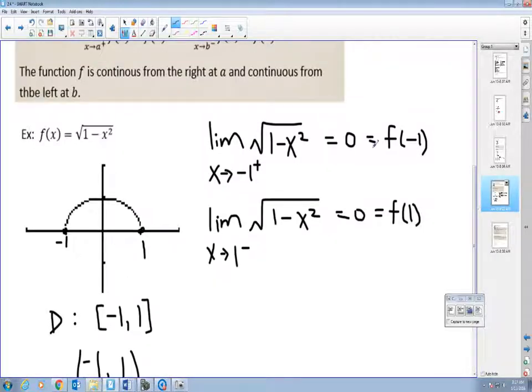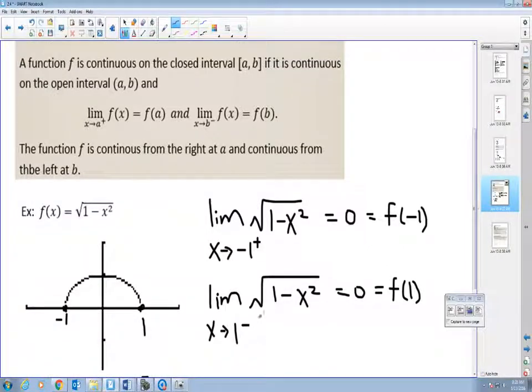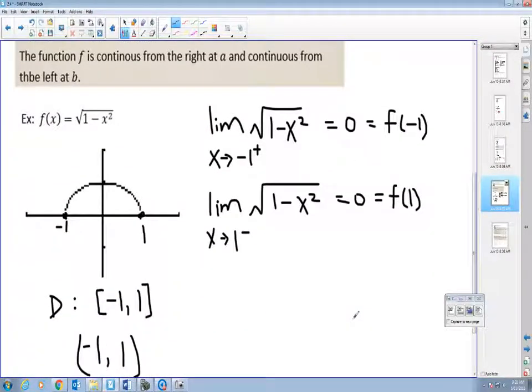To show that, we have to find the limits of the function evaluated at 2 different points, one from the right-hand side and one from the left-hand side. If the limit matches the function value at each endpoint, that tells me that the function is continuous on this closed interval, -1 to 1.